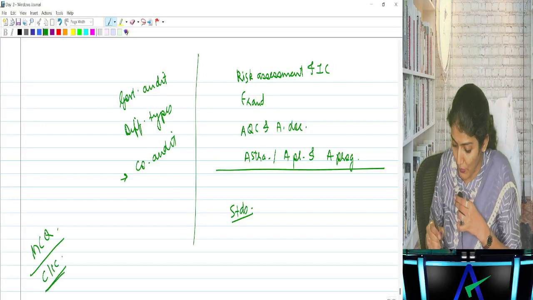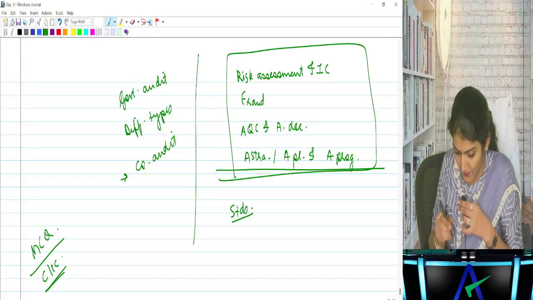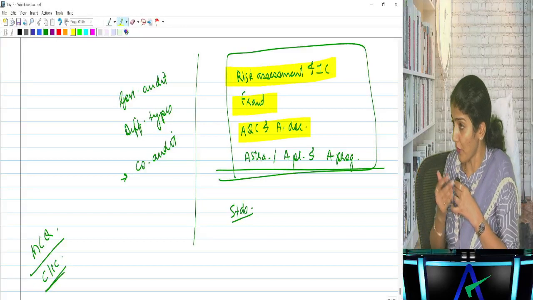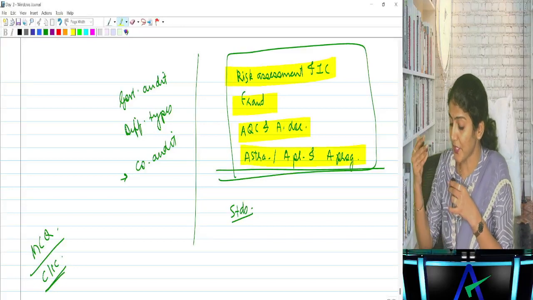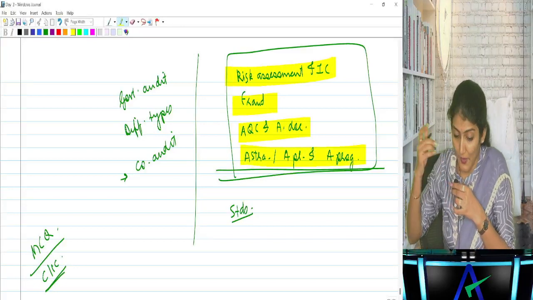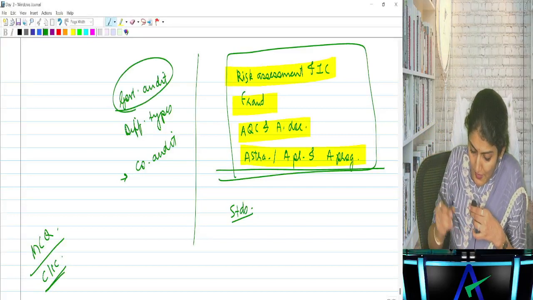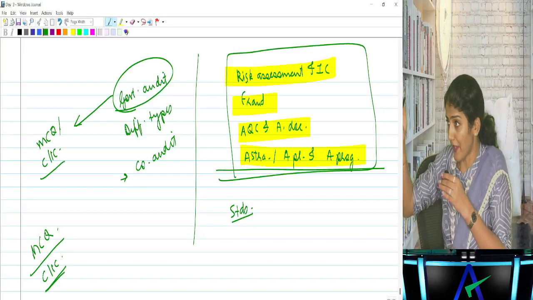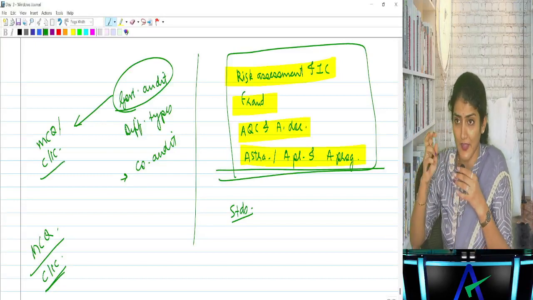Okay. So tomorrow's strategy is these chapters: risk assessment, internal control, fraud, audit quality control, audit documentation, audit strategy, audit planning, and the audit program. Right. Then after that, I could do the government audit and then take the MCQs with you, or the correct, incorrect. Any one of those I will take with you. So that for the 5th day, the last day of the class, I can give you a purview.